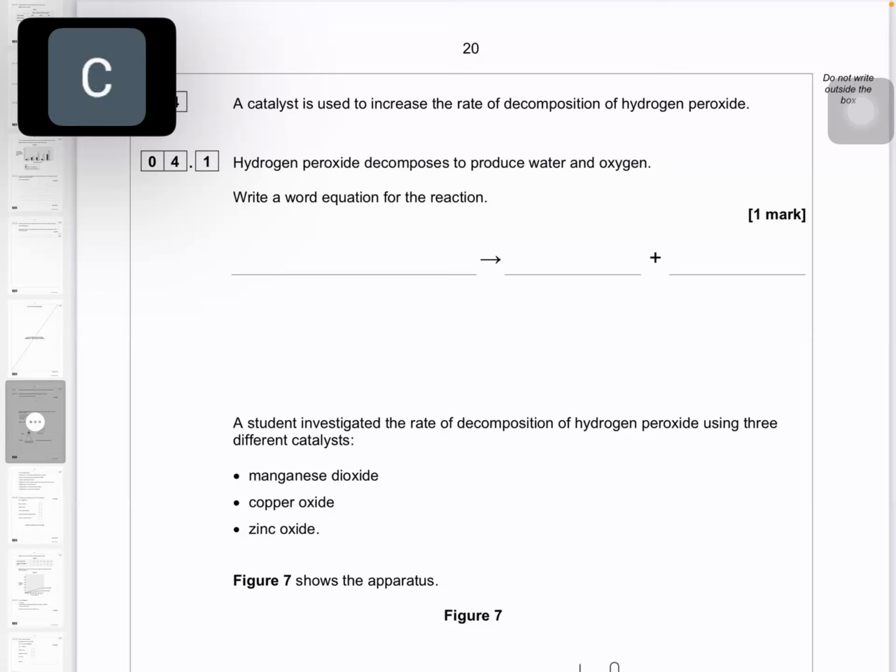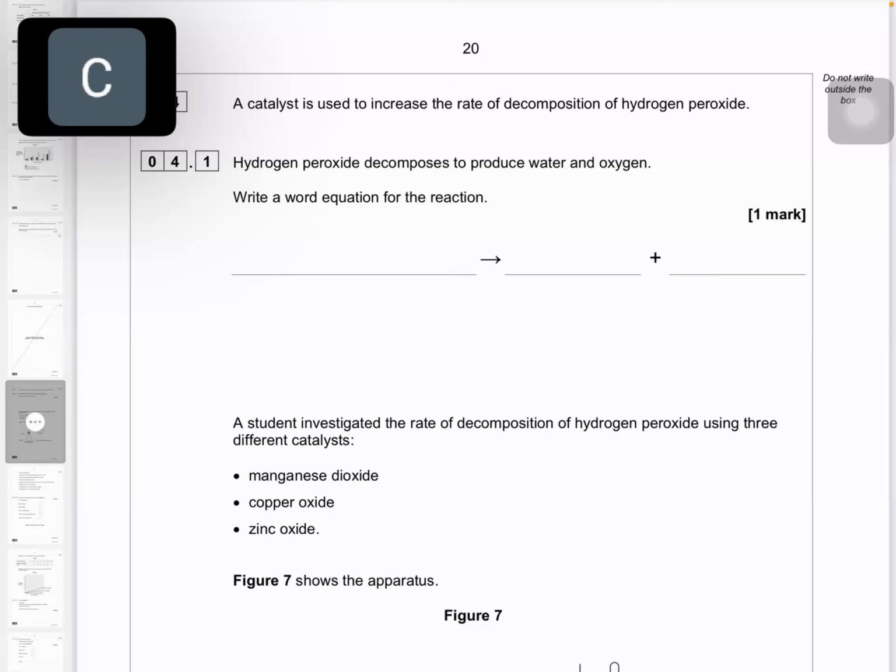What's the basic thing that's happening in decomposition? The reaction is breaking down. Yes, something is being broken down. So something is whole, that's where the reaction starts, and the whole thing now gets broken down.